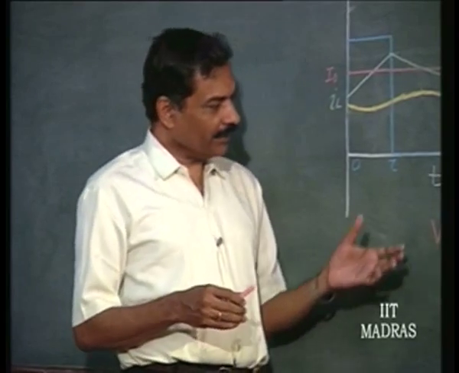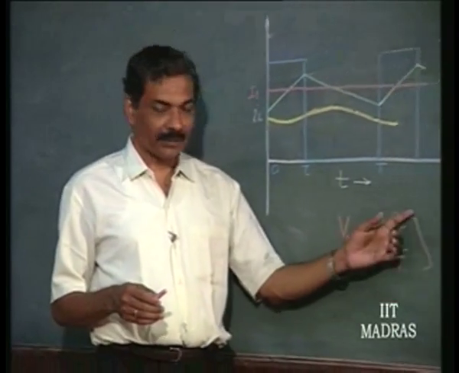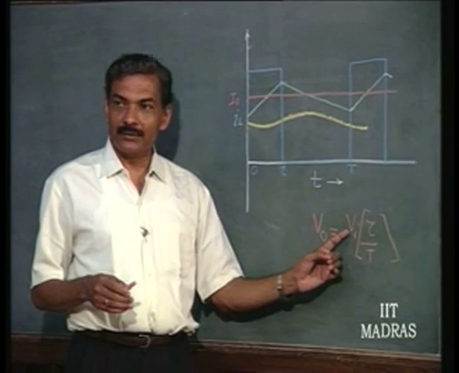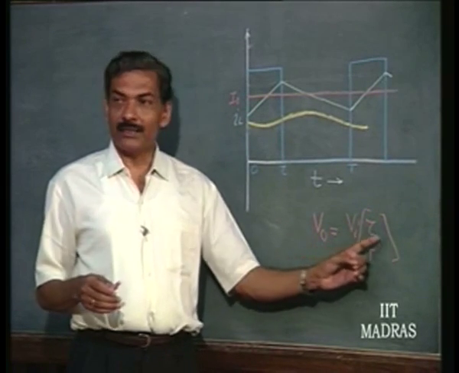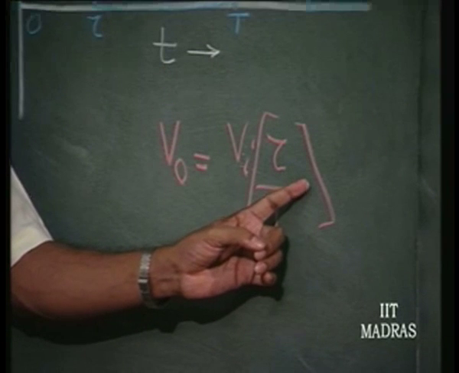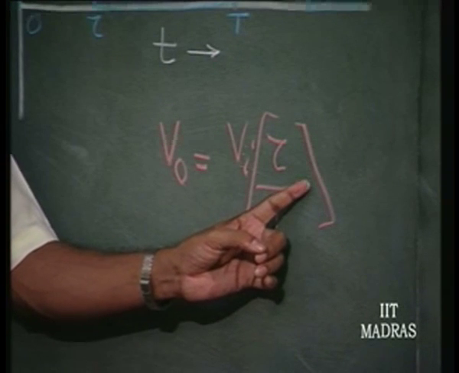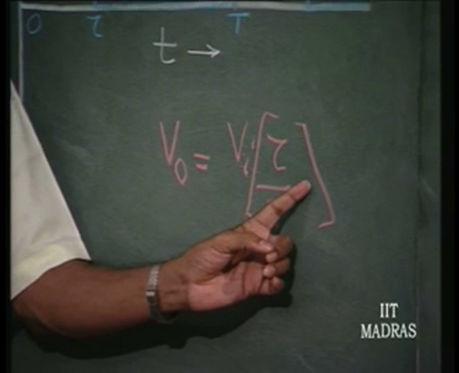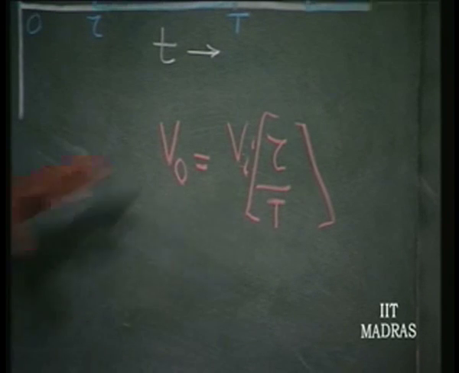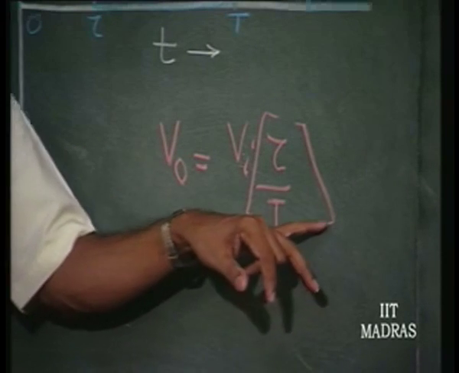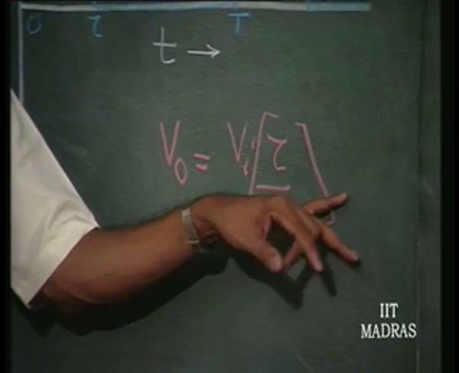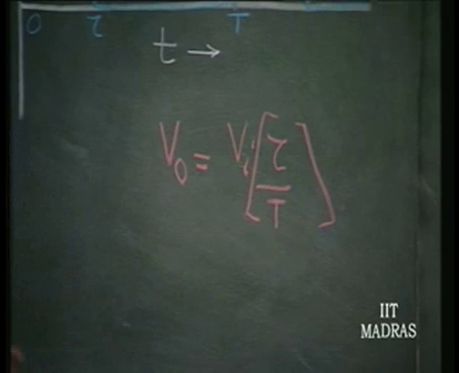So, a variety of applications are there for this information. It is also used in multipliers. Tau by T, if it can be voltage controlled, then it becomes nothing but a multiplier. We will see all these things when we discuss IC multipliers later. But for the time being, it is enough if you know that this principle is one of the most important principles in controls, communications, in all these areas.